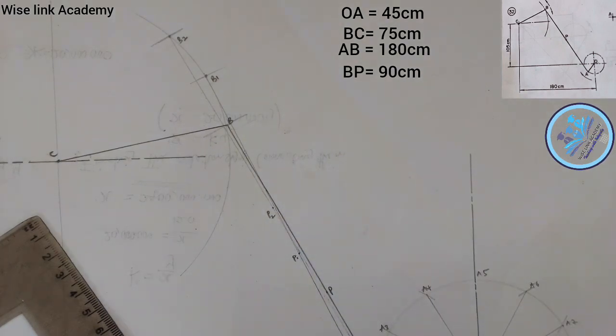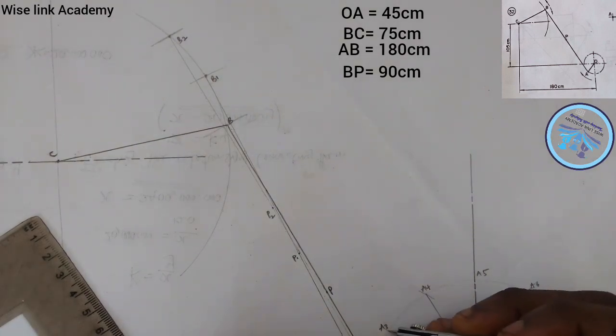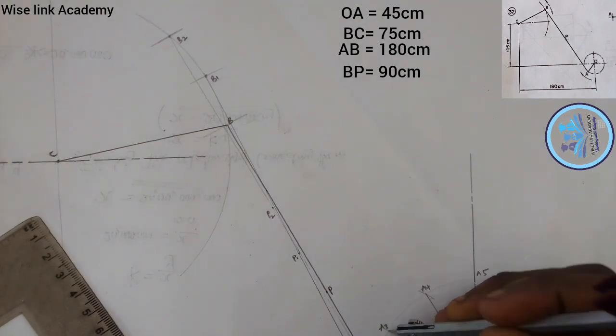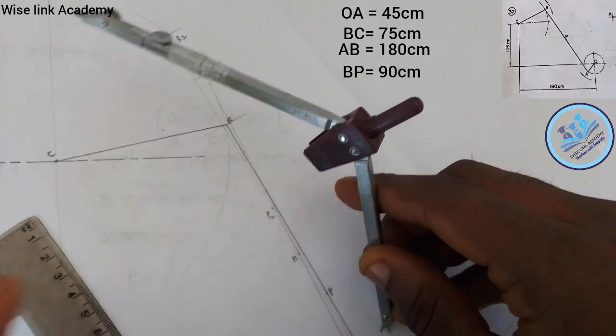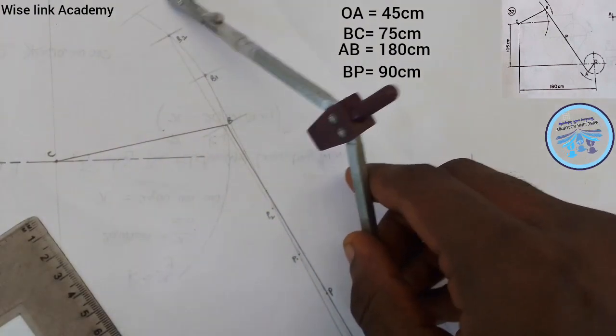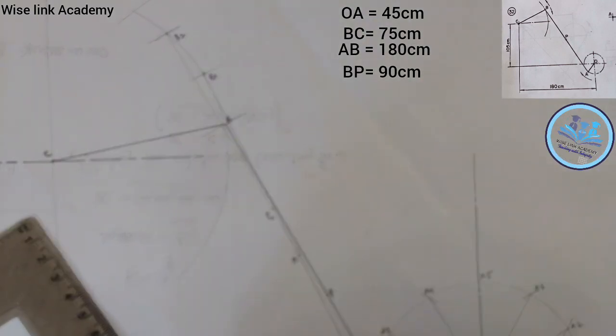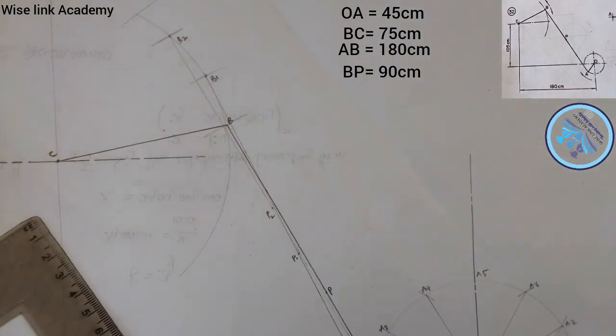As you can see what I'm doing. Next up, I will put it at my point A3. This is my point A3. So with the same 180, you strike an arc up again. The arc is touching somewhere up here.